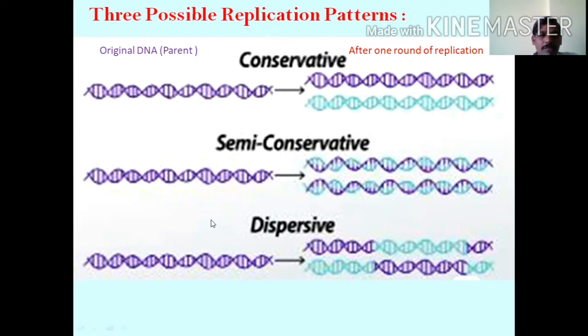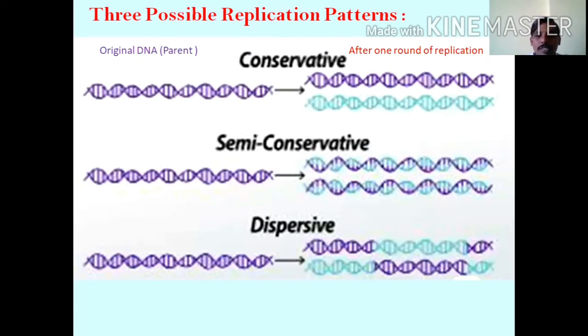The third one is called the dispersive DNA replication model. In this process, the parental DNA molecule is divided into small pieces, and each piece produces the respective new strand. These new and old strands are mixed up with each other, reattached, and form a complete molecule.